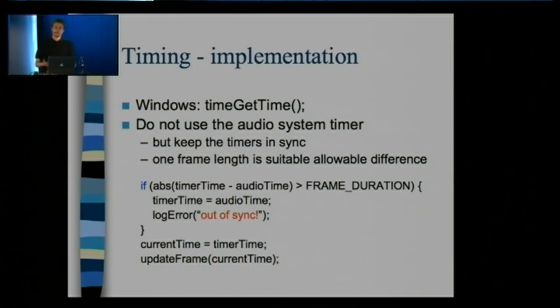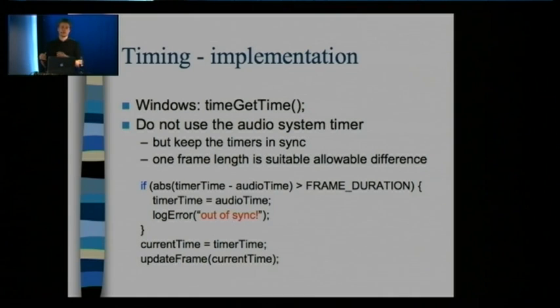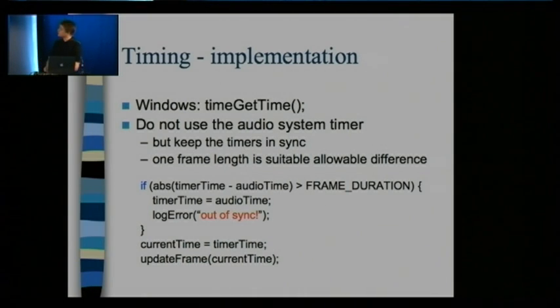But of course, with your own timer and the audio system timer, you need to somehow keep them in sync. It is possible for threading issues and whatever to make the timers drift apart, which will lead to your demo not being in sync, and that will not really be good at all. So what I do in my engine is simply every update I take my own timer time and the timer from the audio.